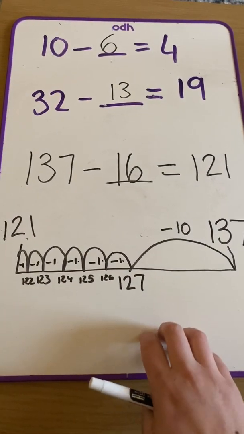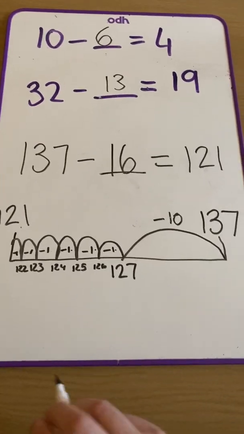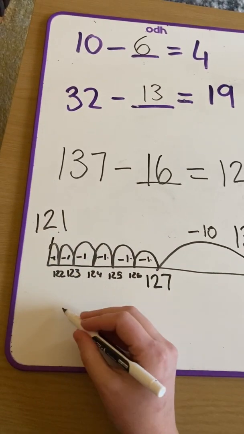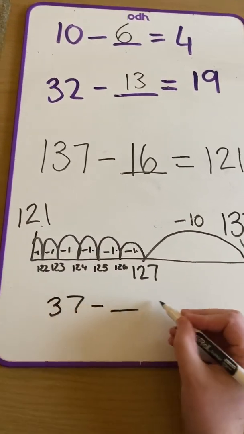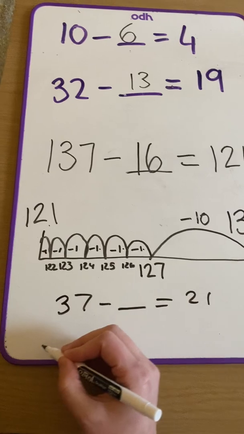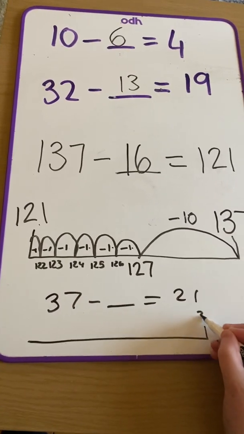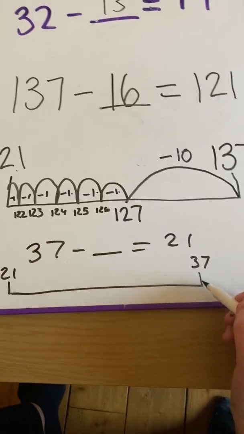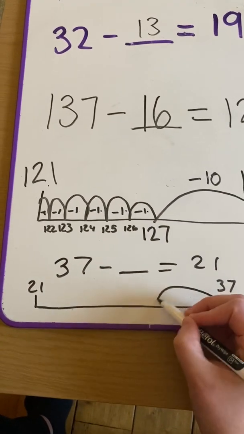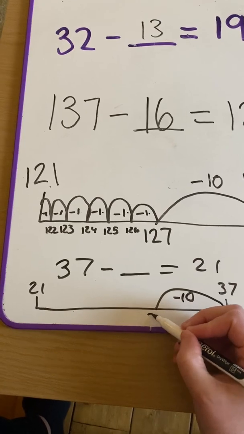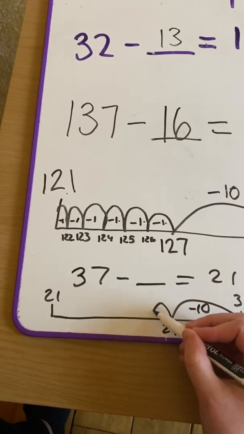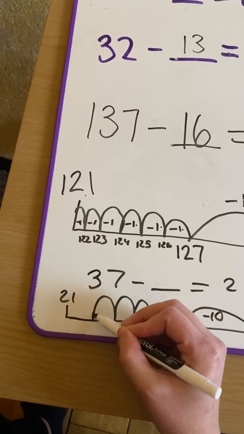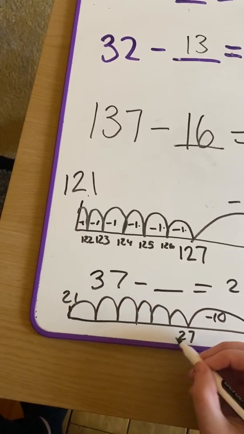Now the number line questions you can do for smaller numbers as well. So for example, let's take away the hundreds and just do 37 take away something equals 21. And I could draw my 100 square, 37, 21. And let's try it again. 37 take away 10 is 27. 26, 25, 24, 23, 22, 21, all the way there.